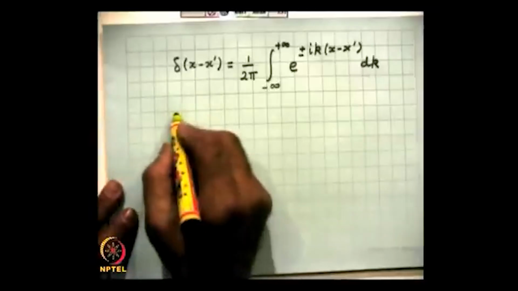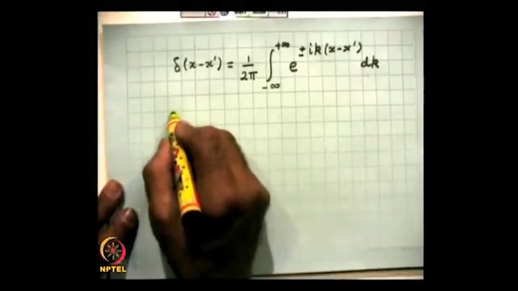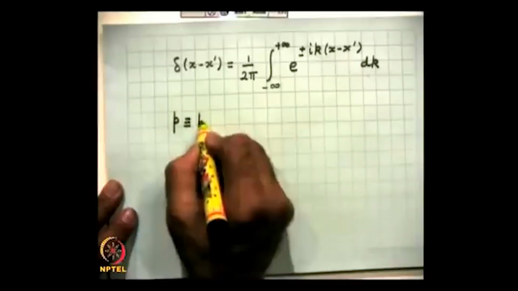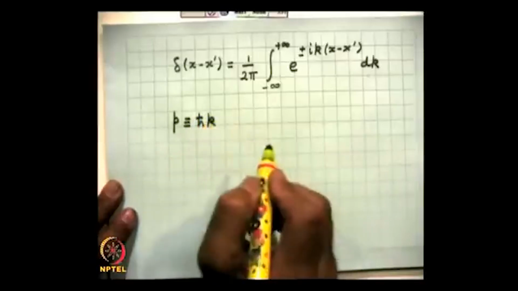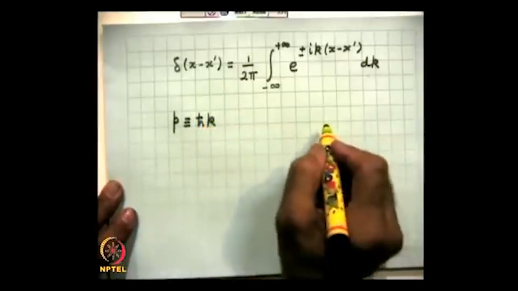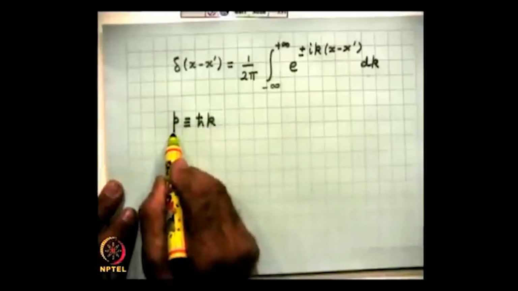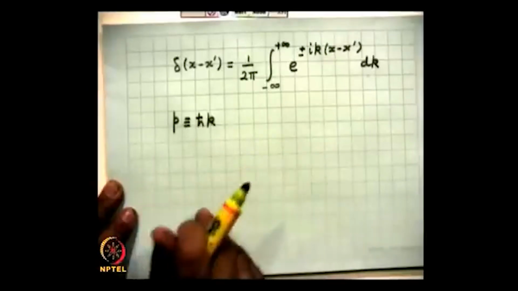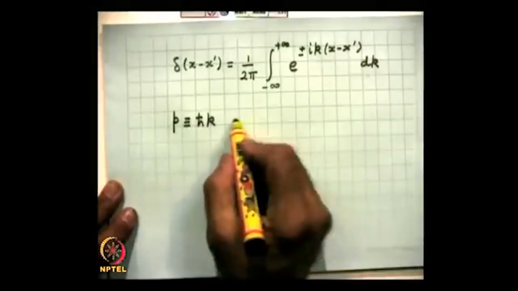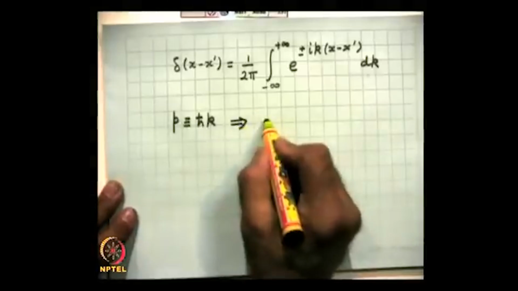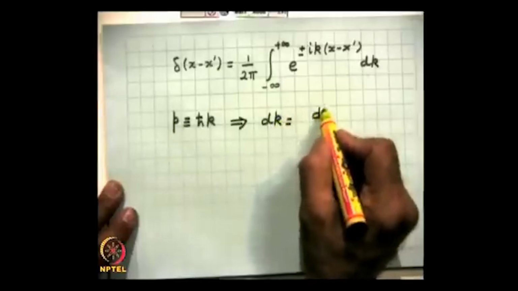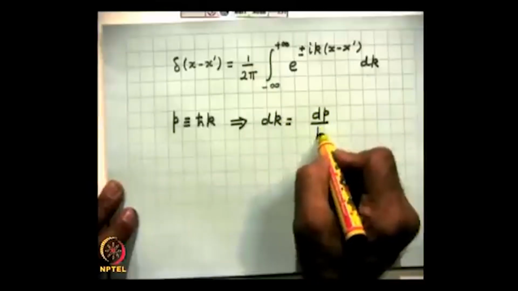Now, let me introduce a variable p, which we define as p is equal to h cross k. We will associate this later with momentum, but let us do this right now just as a mathematical variable. Then from this equation you will find that dk is equal to dp by h cross.